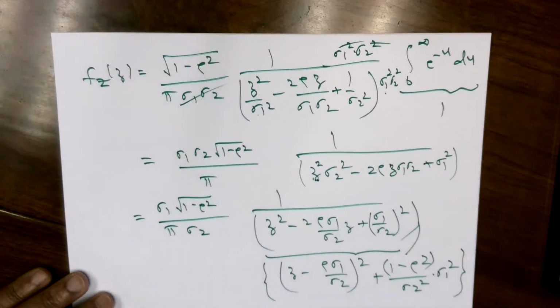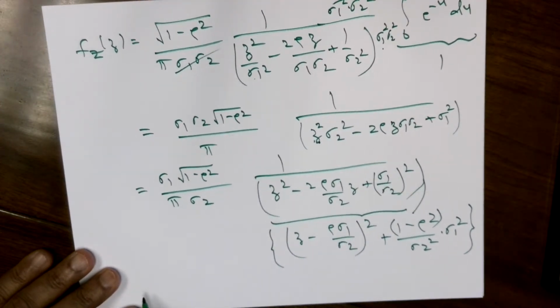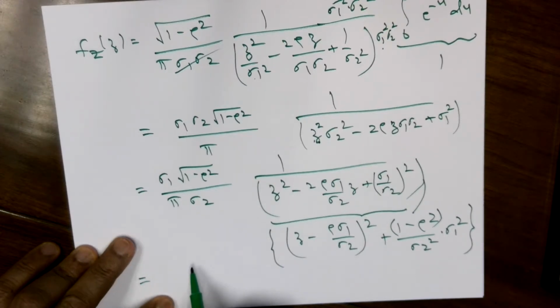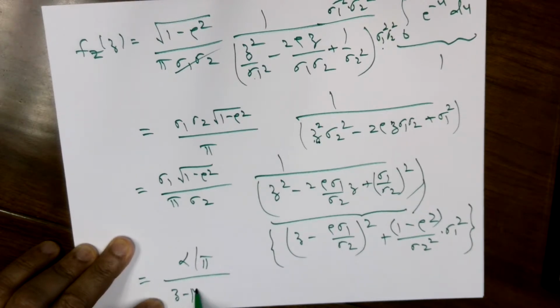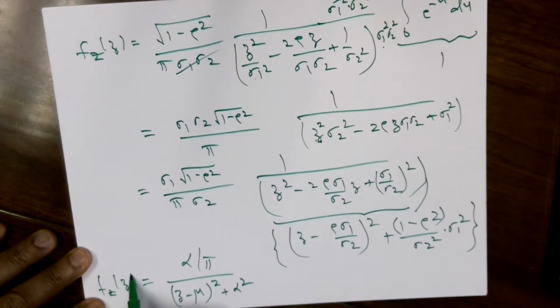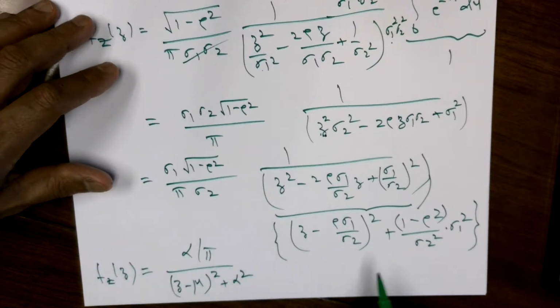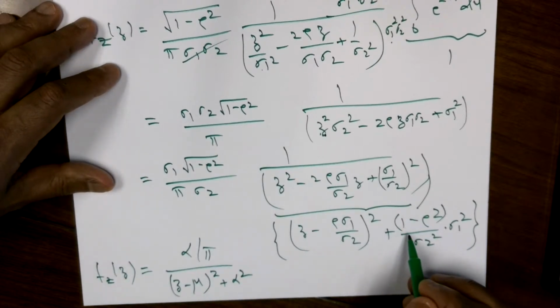So this whole thing comes out to be of the form some alpha over pi divided by z minus mu squared plus alpha squared, you can see. And this is alpha.